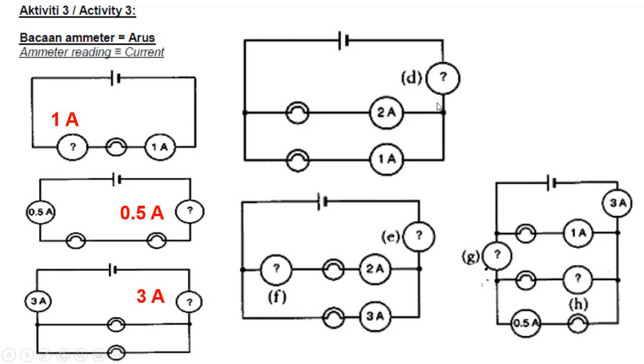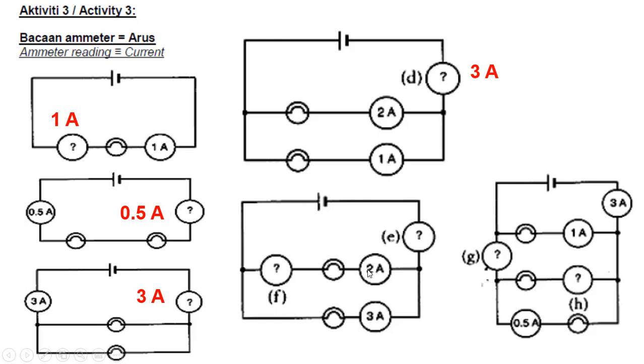So D. Now we have here separate into 2 ampere, 1 ampere. So this will combine again to give you 3 ampere. So we have a combination of series and parallel circuit. Here F. We don't know.